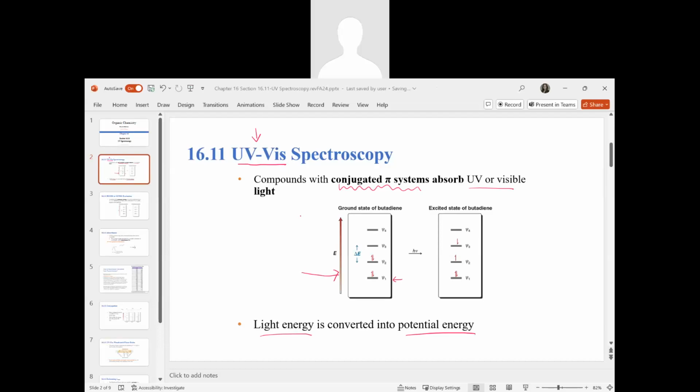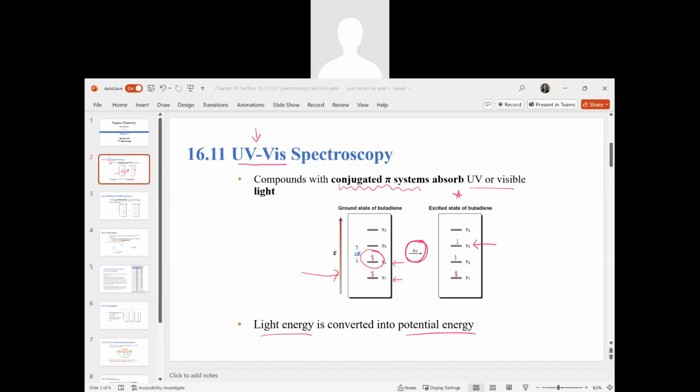The 2 lowest energy levels each have a paired electron. One of those electrons in the highest occupied molecular orbital gets promoted to this orbital here, number 3, with addition of light. That's what we see here, this h nu. And now we have an excited electron and that potential energy conversion has happened.